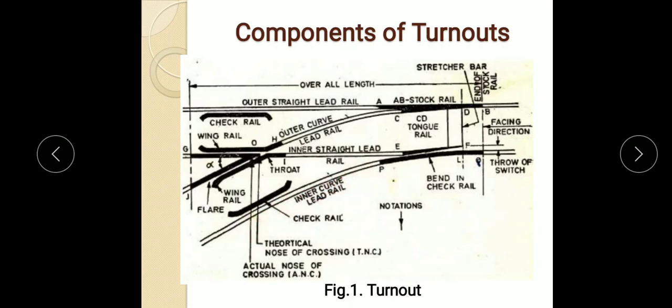It also consists of switch tie plate, which is also called gauge tie chair or crossing tie plate. The next component is the studs or stops.